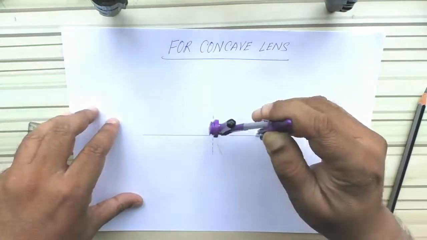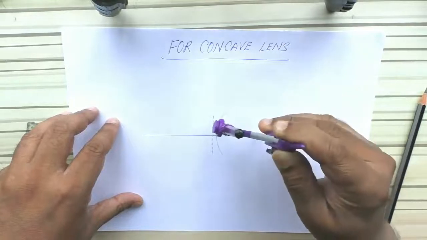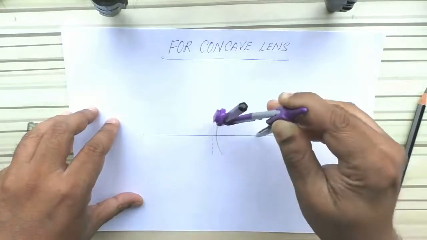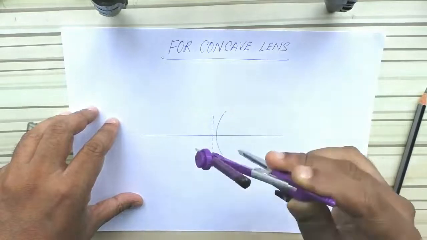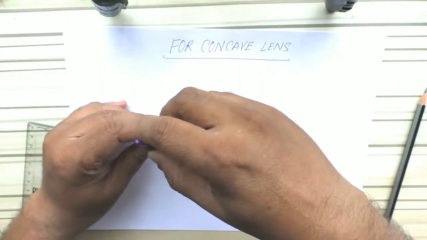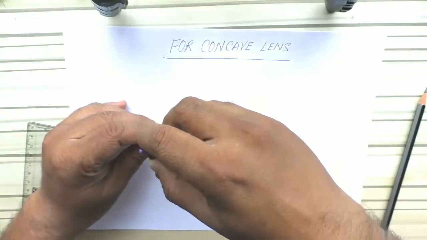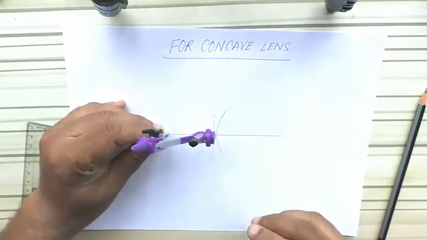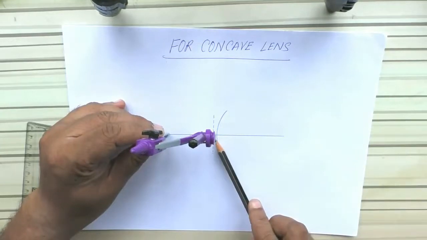You can draw one part of the lens from this side and the other part from this side. Thickness should be equal, this part.